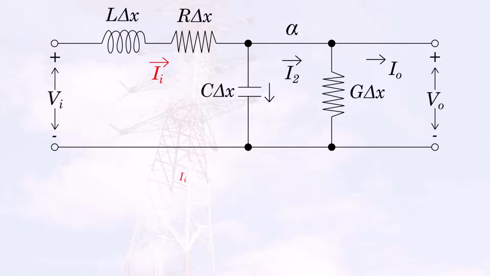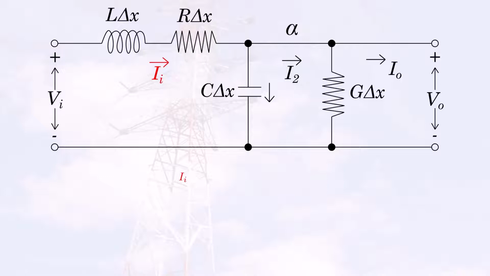So in this case we have first the current entering this node, which I named alpha, and which I am separating here for the sake of clarity, but we can view it as a single node.